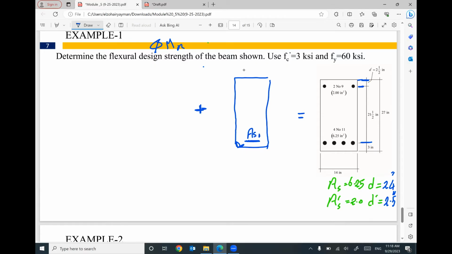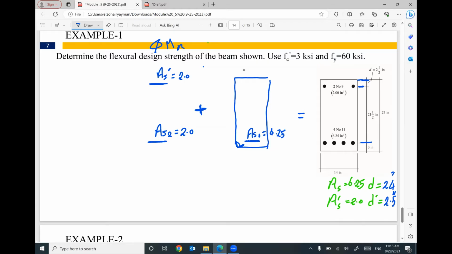Plus, the remaining part of area steel in tension will be area steel 2, which will work with the steel in compression, area steel prime. Keep in your mind, your area steel prime is 2 inches square. That means your area steel 2 must be 2 inches square also. That means your area steel 1 will be 4.25 inches square. That makes sense?